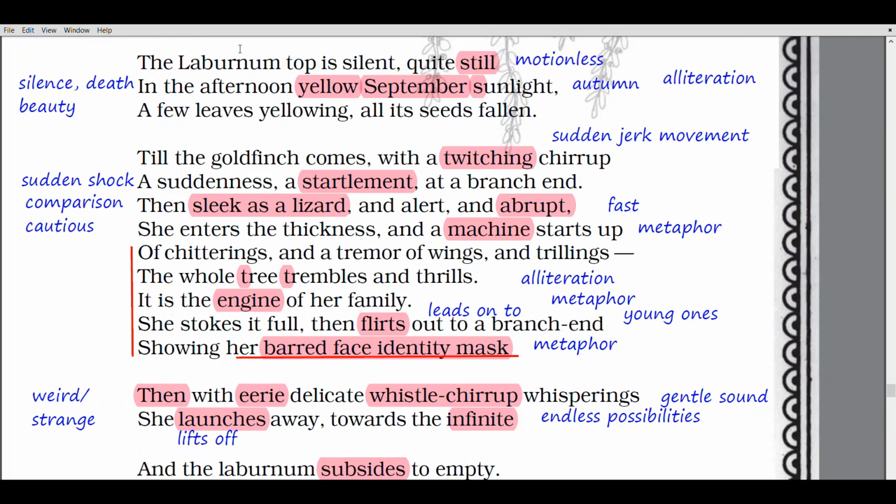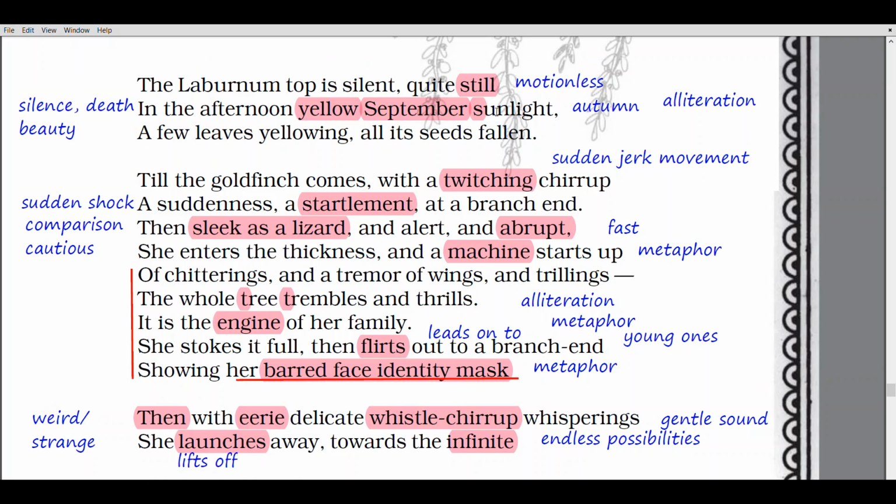Now, this is the description of the tree. This first stanza is a description of the tree. Although it is standing still, it signifies a death-like quality to the tree. So the tree is not at all moving, it does not show any signs of life.